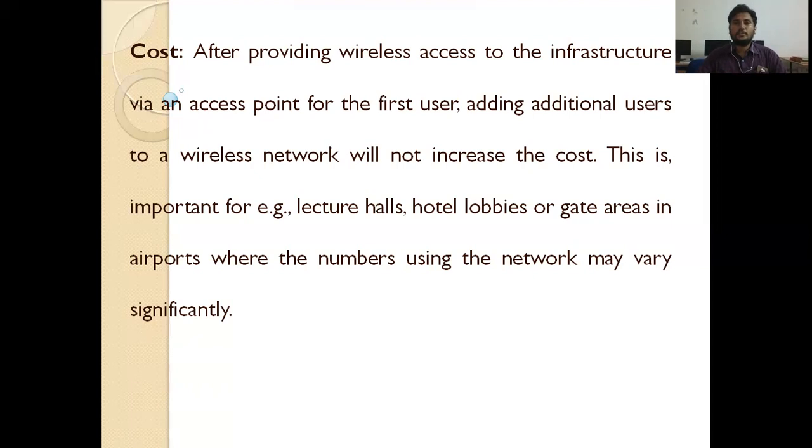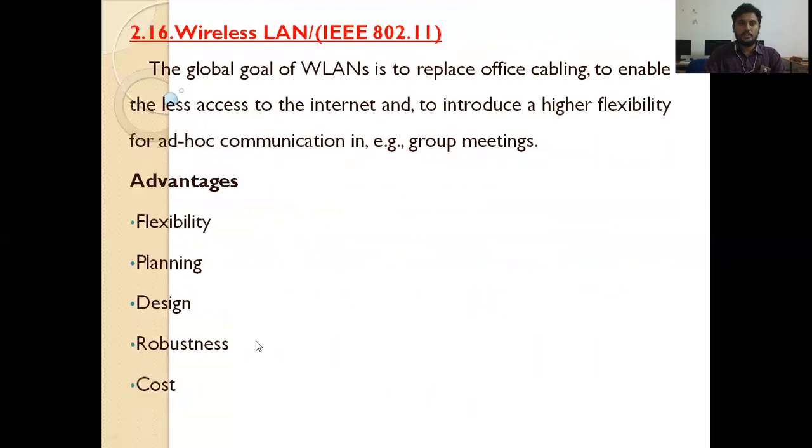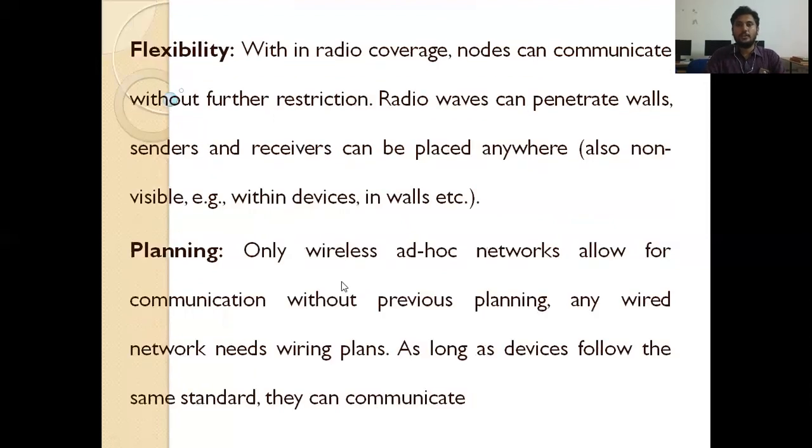But with wireless, once you have fixed the device, a number of people can use that medium to communicate. So this is an important advantage of wireless LANs. Examples are lecture halls, hotel lobbies, or gate areas in airports where the number of users of the network may vary significantly.